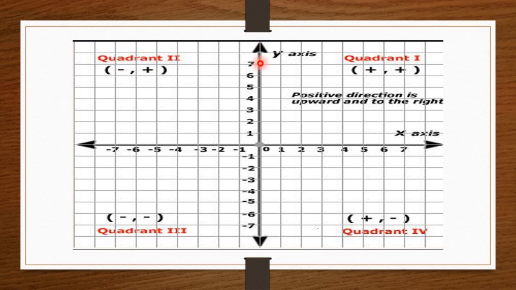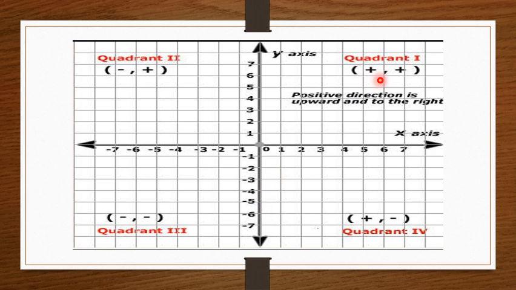This is the y-axis, the vertical line. The upward side is positive numbers. This is the origin. Again, 1, 2, 3, 4, 5, 6, 7, 8, and extended positive. The downward side is negative numbers.